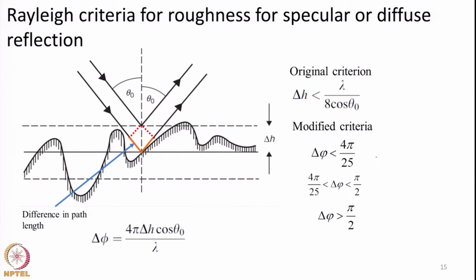Let us say there is a really smooth surface, and 2 parallel beams of radiation are coming and falling on it. Let us assume they are in phase. If the surface is really smooth, what will happen?